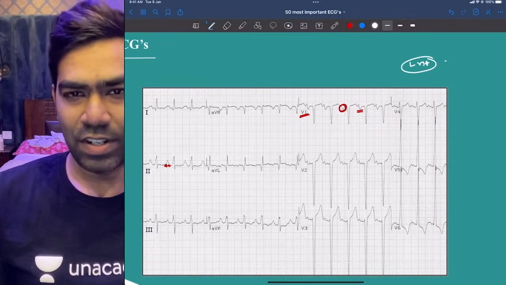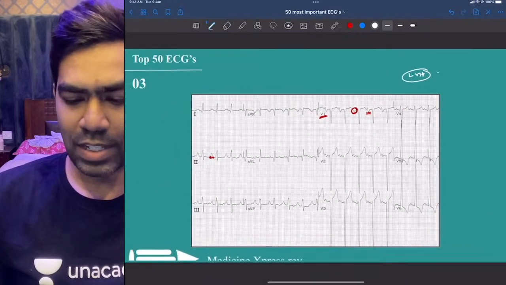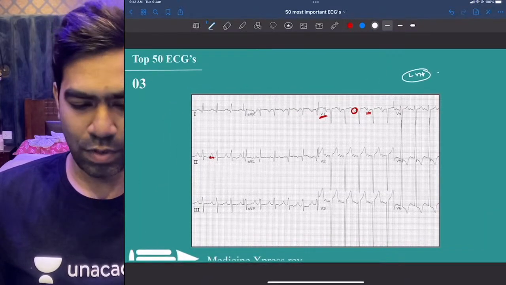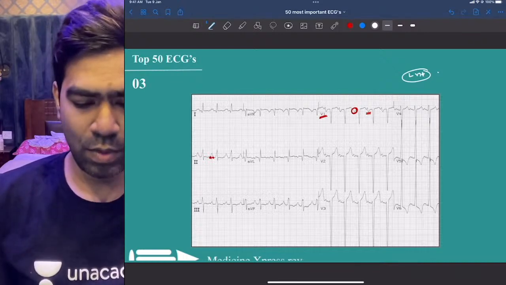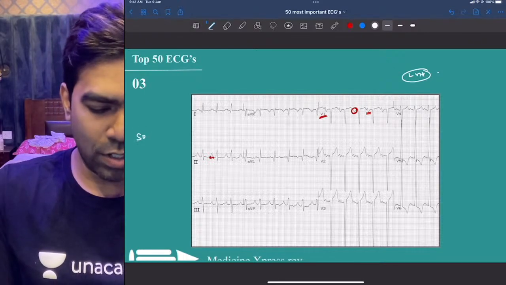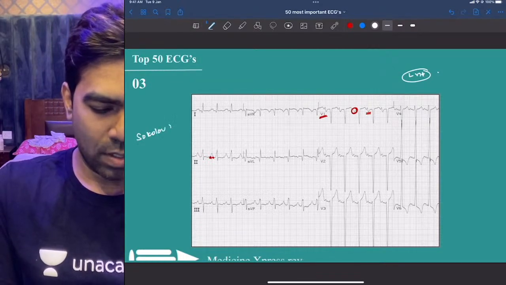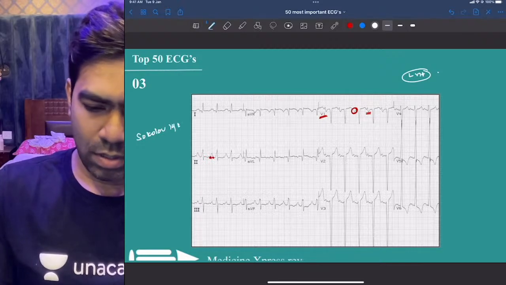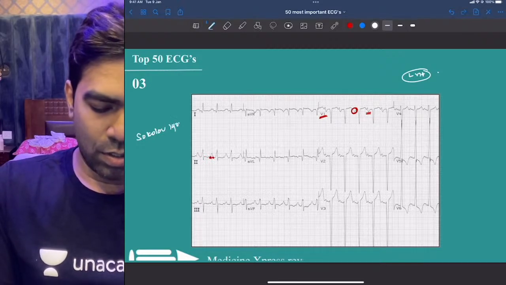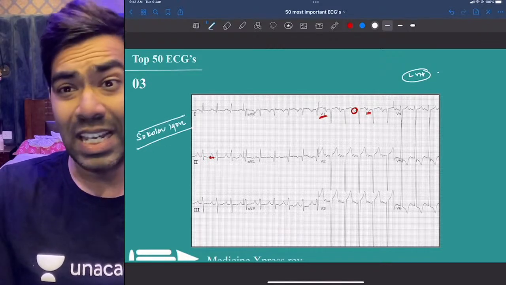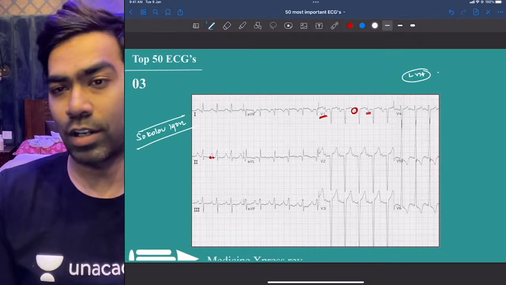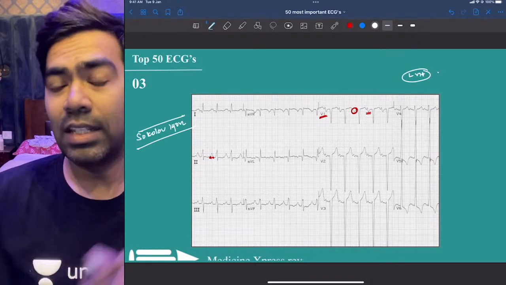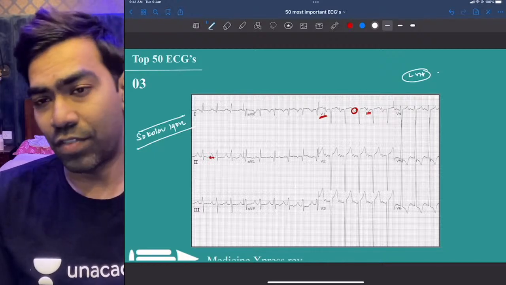So what is the EKG definition of left ventricular hypertrophy? Remember, at a NEET PG level, things are going to be very simple and straightforward. All you need to know is something called the Sokolov-Lyon criteria. Remember, Sokolov-Lyon criteria is very specific, in the sense if an EKG fulfills the Sokolov-Lyon criteria, very likely the patient is having left ventricular hypertrophy.